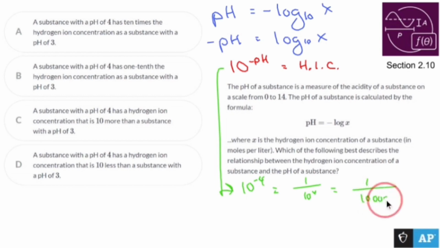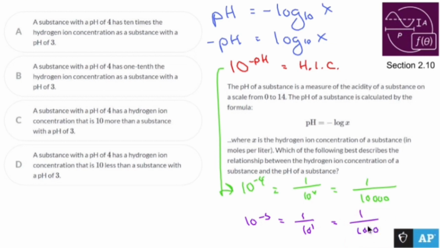Pretty small. If it has a pH of 3, that means I'm going to have 10 to the negative 3rd, which is 1 over 10 to the 3rd, which is 1 over 1,000.